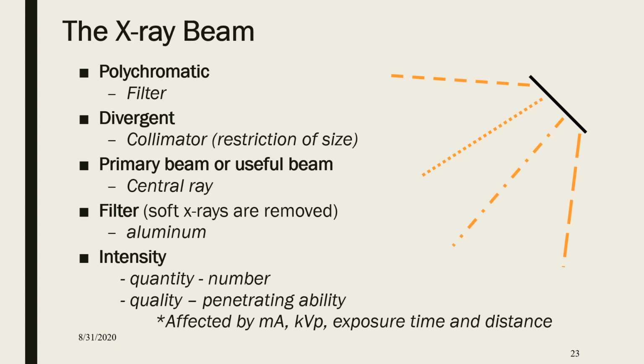The intensity of the X-ray beam is affected by the milliamperage, the kilovolt peak, the exposure time, and the distance that the beam has to travel. Quantity, which is the number, has to do with milliamperage. The quality and penetrating ability have to do with the kilovolt peak and exposure time.